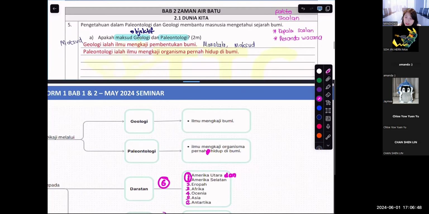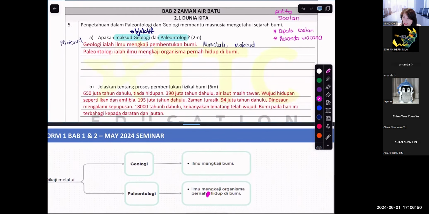Okay? Same goes to the next one. This is the proses pembentukan bumi. Proses pembentukan bumi, you already know. Proses pembentukan fizikal bumi bermula sejak 650 million years ago. Then tiada hidupan.